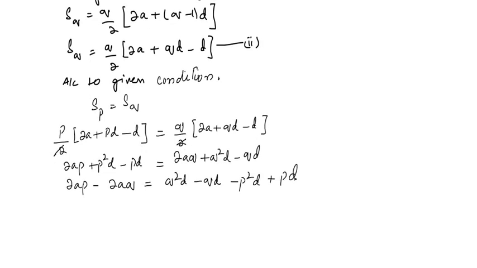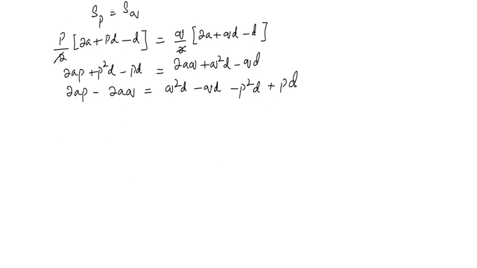Because we want to find the value of d from this expression, we take 2a as common, we get 2a (p − q). After that, we can take d as common, so d (q square − q − p square + p).